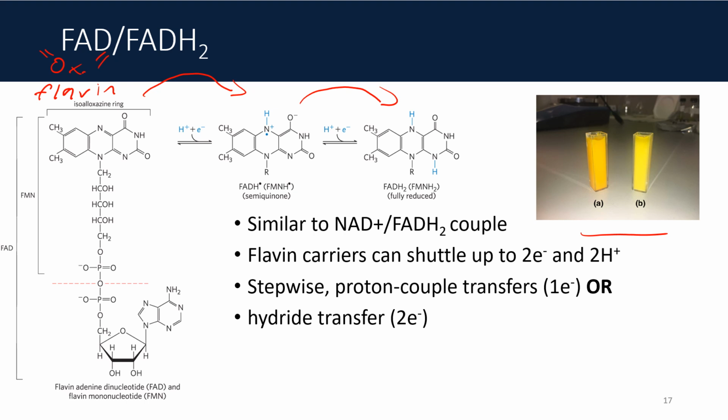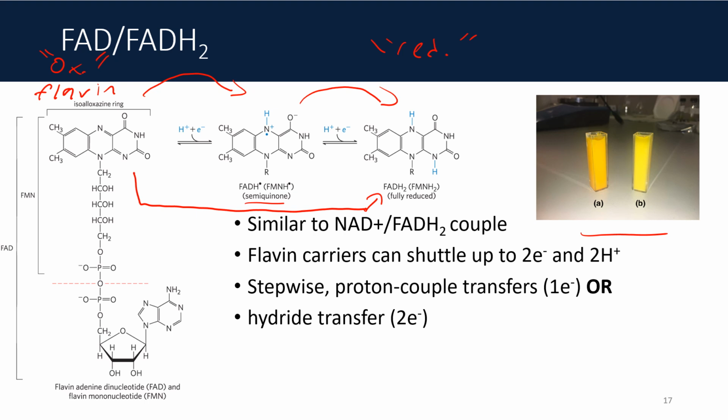Or we can do chemistry more similar to the NAD+/NADH couple and do a hydride transfer, which is two electron chemistry, and completely bypass this semiquinone intermediate and go straight from the oxidized flavin to the fully reduced flavin.